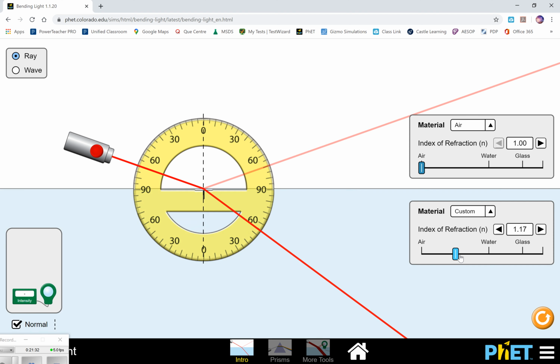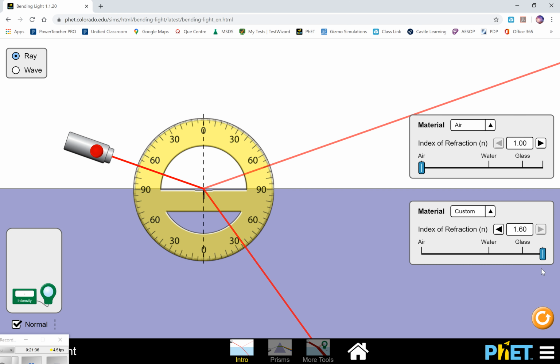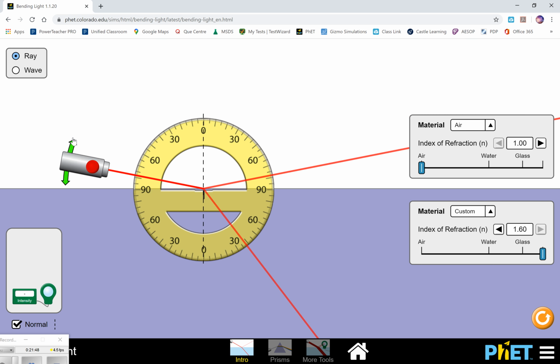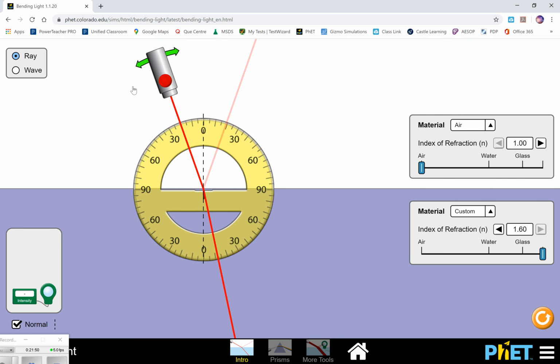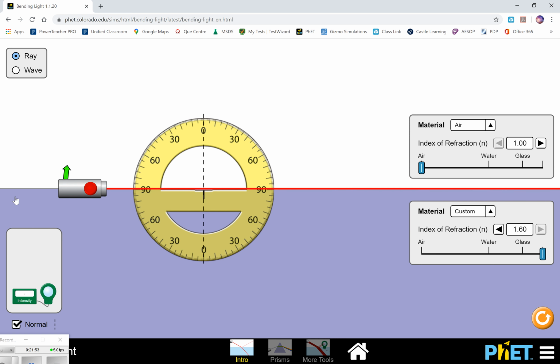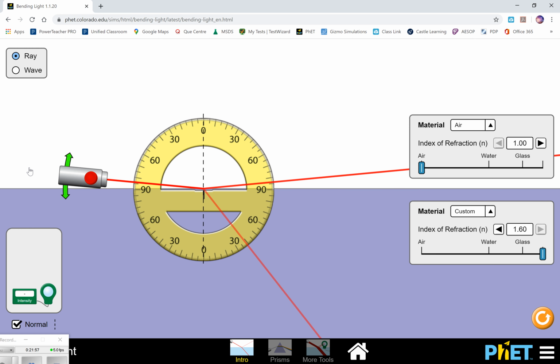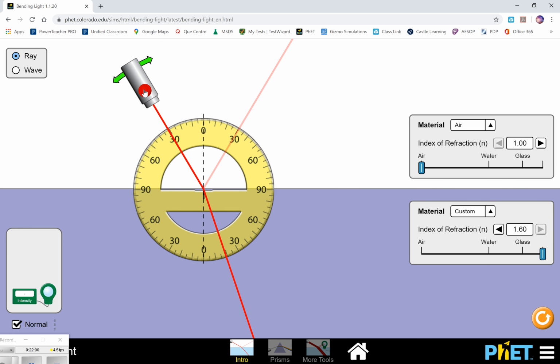But as we change this towards a medium that is more dense, like glass, we see much more refraction occurring at the boundary here between air and glass. And as we change this angle, now we see that we can range from 0 to about 39 degrees. So that range of refraction changes depending on the density, in this case, of the glass.